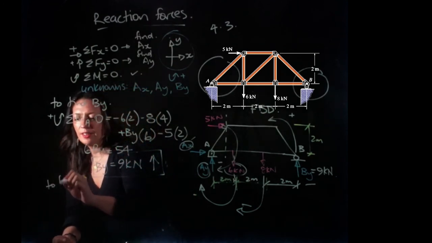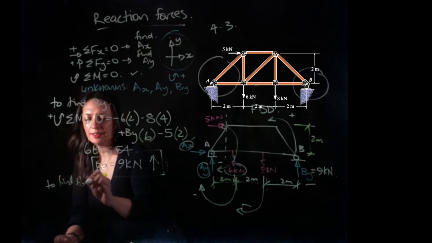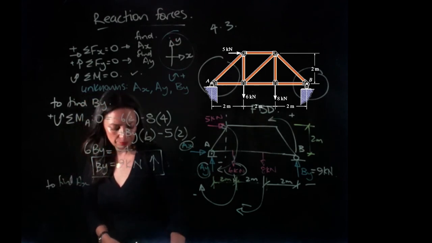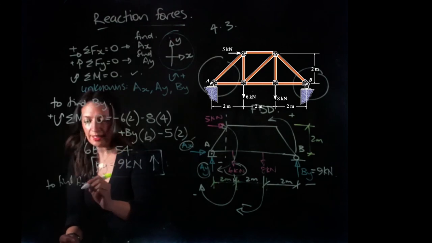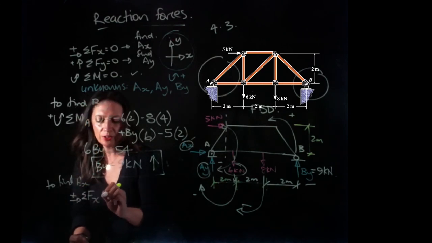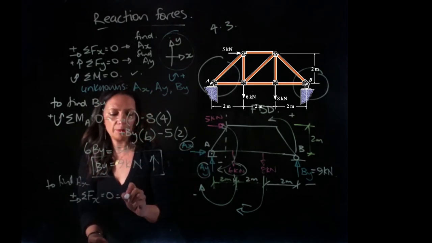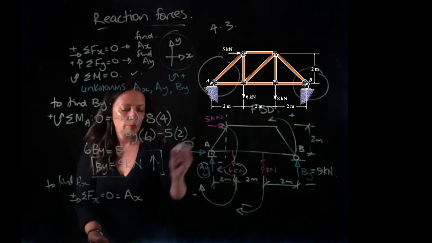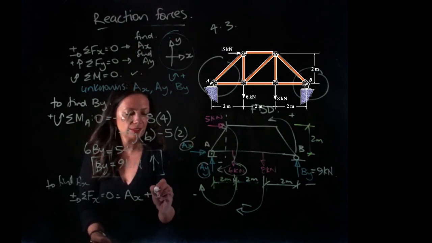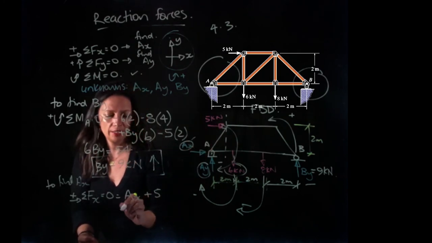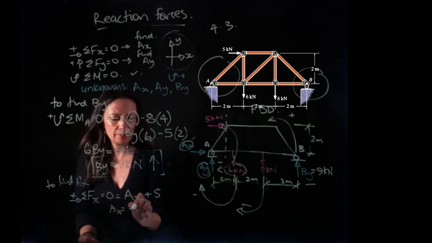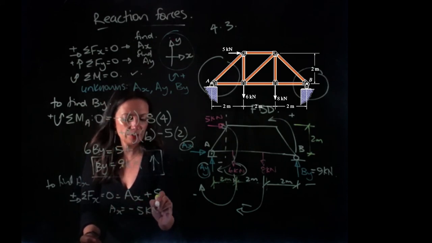So to find AX, we could say that the sum of the forces in the x direction has to equal 0. So I'm going to have, we've assumed AX to be positive, plus 5 kilonewtons, and that's in the positive direction. So that means AX is going to be minus 5 kilonewtons.